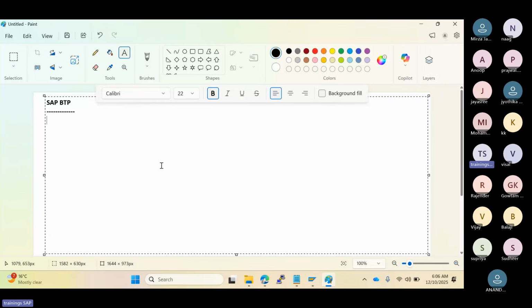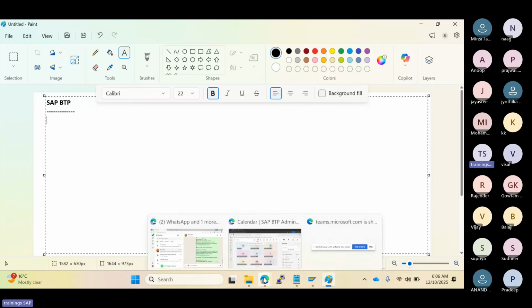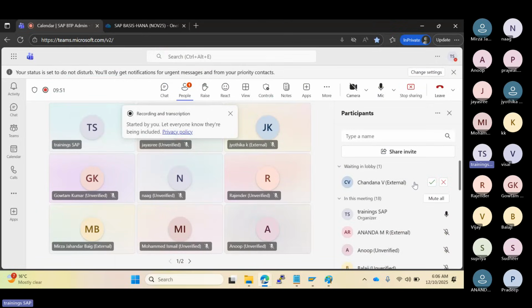There are multiple technology portfolios SAP is offering, and we can integrate all this development, automation, data, analytics, all those intelligence. So we can integrate our applications, or we can build the applications here.